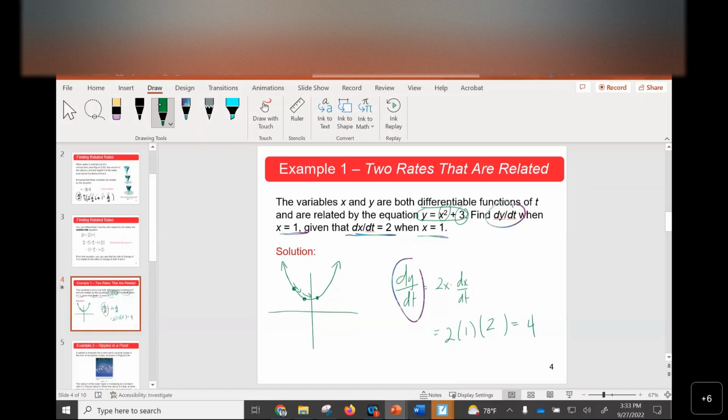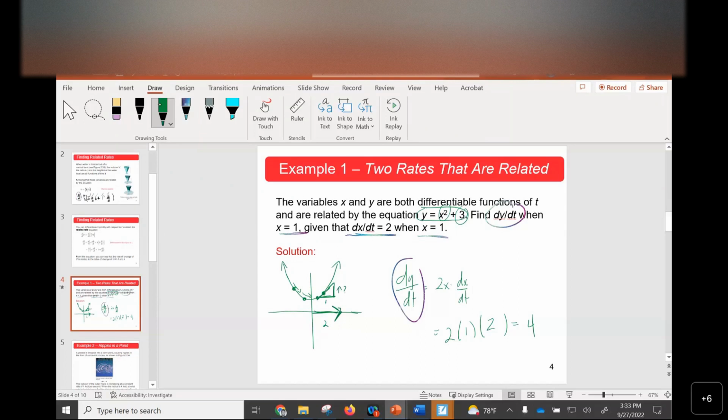So what this is saying is that dx/dt, just the horizontal rate, is moving at 2 units per second, or whatever unit we want to bring in. At this particular moment in time, when x is 1, what's the rate that y is moving at that moment in time?